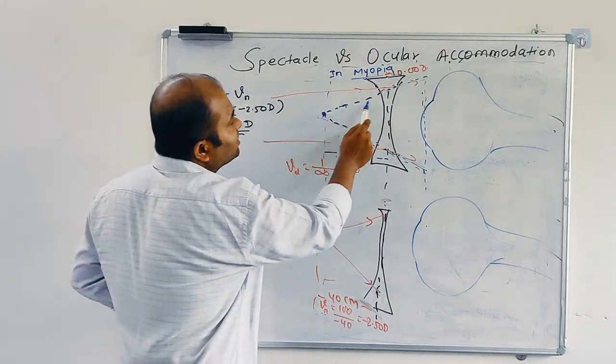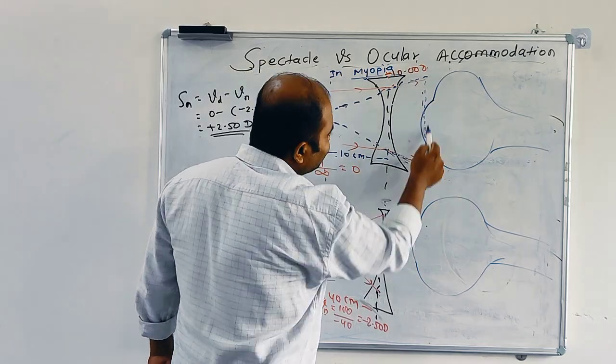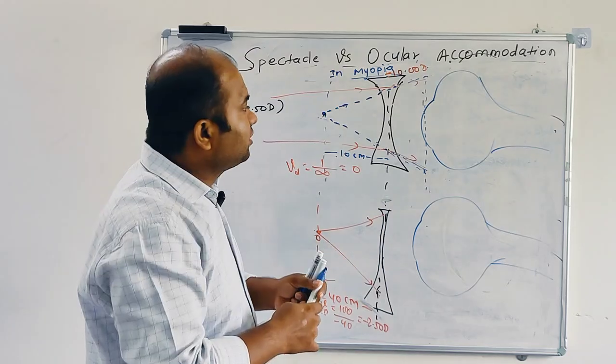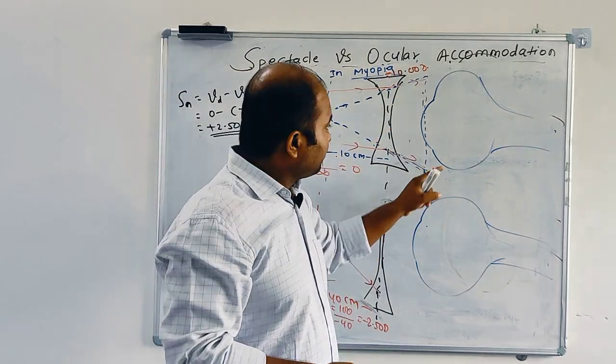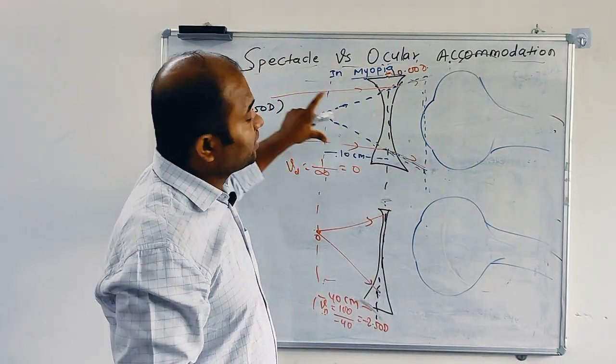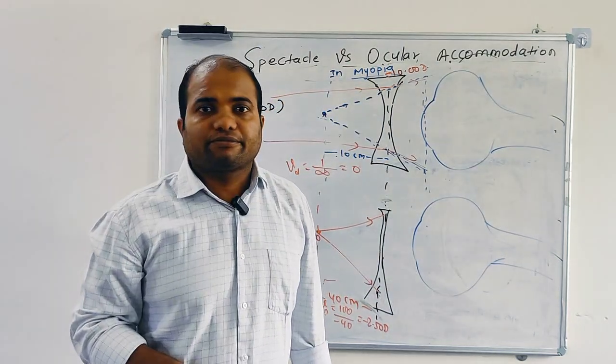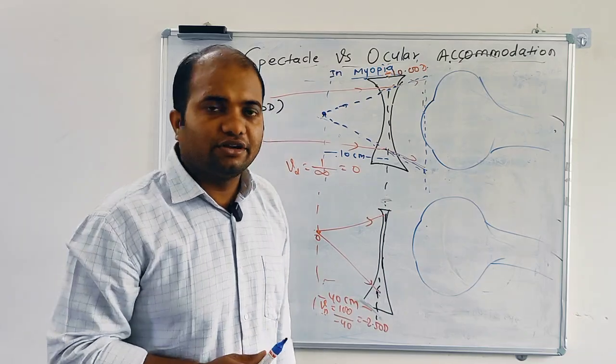So at this plane we need to find the Vergence. Get the total distance, do the reciprocal, and you will get the Vergence of light at this point. But this is when the eye is seeing far. Ultimately, the light is coming from far. Are you getting it? Yes.